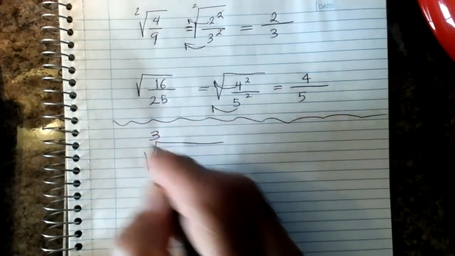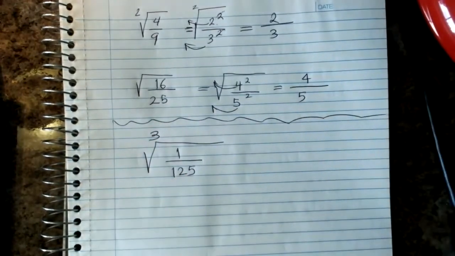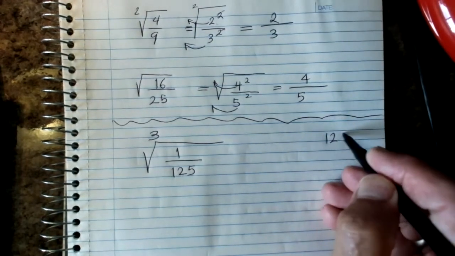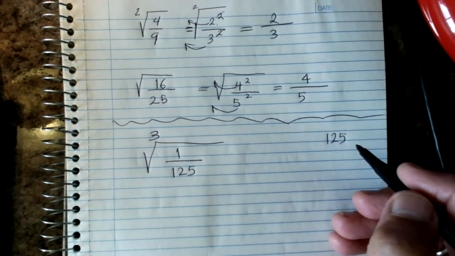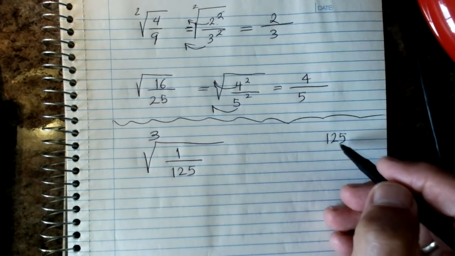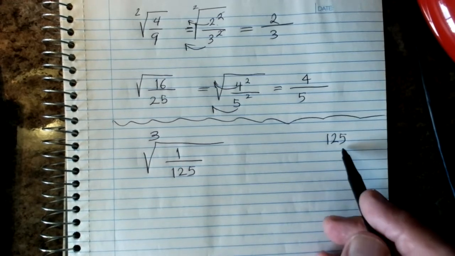They want us to do this. The cube root of 1 over 125. Remember, if I want to break a number, always divide it by 2 first, and then 3, and then 5. 125 is not divisible by 2, first of all because the first number is not even.